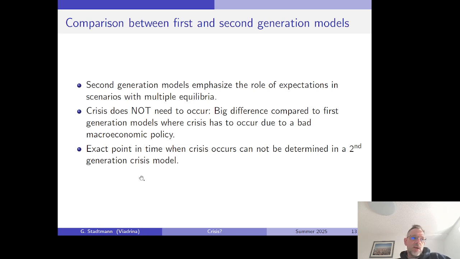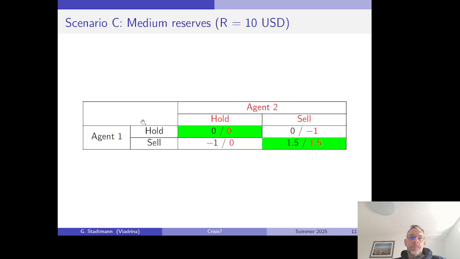In a first generation crisis model, we were able to determine the exact point in time when the crisis occurs, and this is not possible in a second generation crisis model because a crisis doesn't need to occur. It might be the case that the agents stay in the left upper cell forever. This is one important result of this kind of model class.